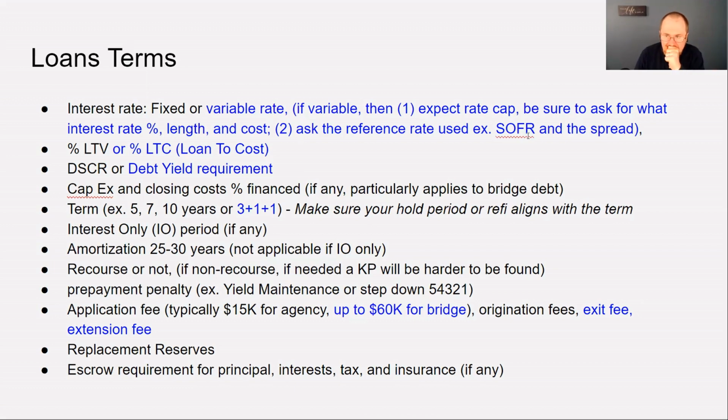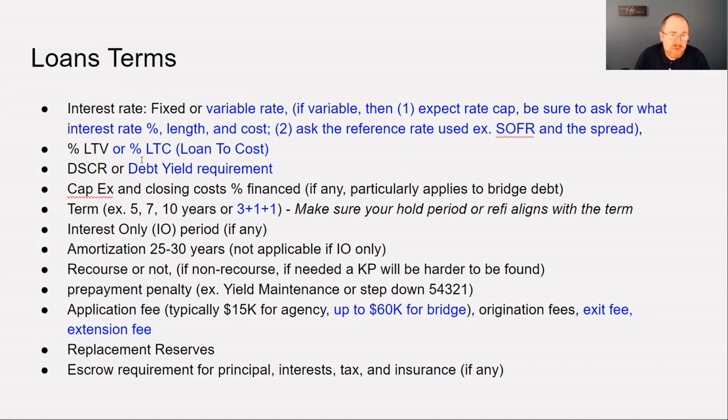And so you need to know the spread, which is the amount the bank will add to the base rate, such as the SOFR. With the forecast on the SOFR, if you add the spread, you'll have an idea of what your interest rate will look like.